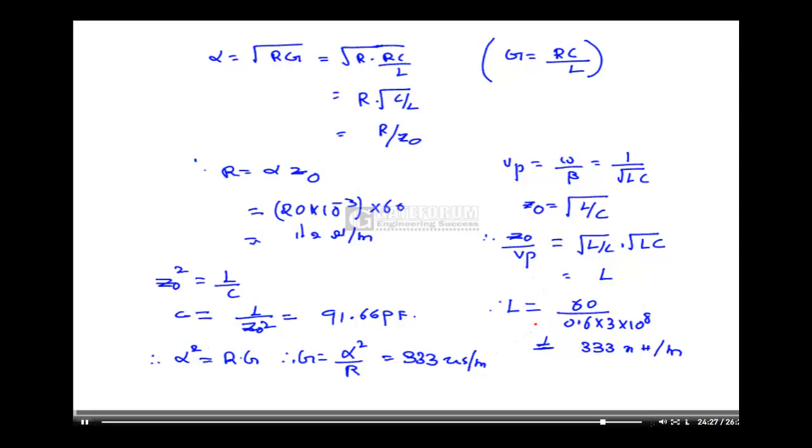What is another unknown thing? Lambda. Lambda is equal to 2 pi by beta. Beta is equal to omega into root LC. Therefore omega is a known thing, 2 pi f, root LC. L is known, C is known. So that you can easily calculate lambda also.